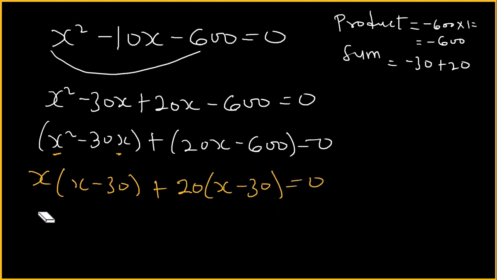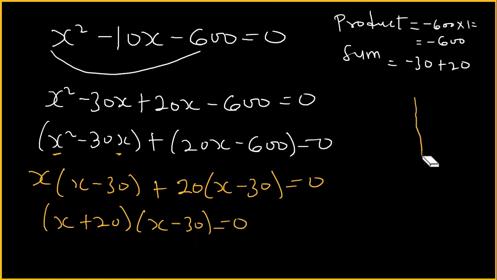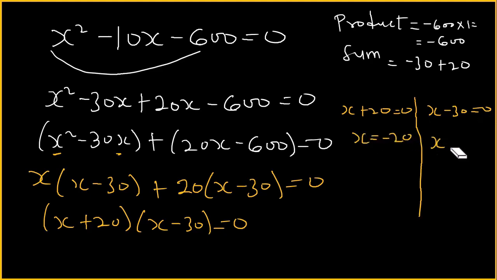So x plus 20 times x minus 30 is equal to 0. At this point we find our zeros. x plus 20 is equal to 0, x minus 30 is equal to 0. So x is equal to negative 20, x is equal to 30. These are our solutions.